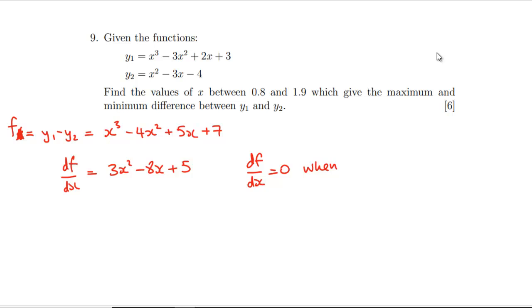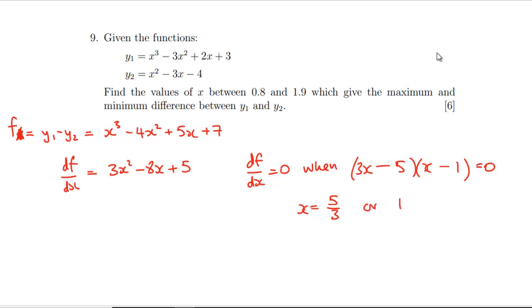So yeah, it will do. I'm not going to bother splitting the middle term because we've got so many prime numbers. This must be dead easy to factorize. We're going to have a 5 on that one and a 1 on that one, and they both have to be minuses. Right, so we've got that. So we need that x equals 5 over 3 or 1.